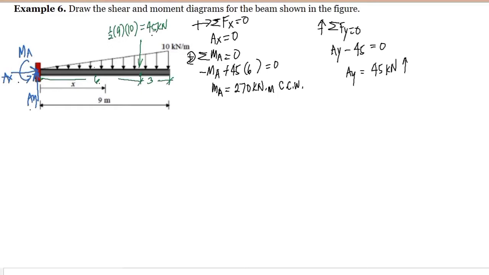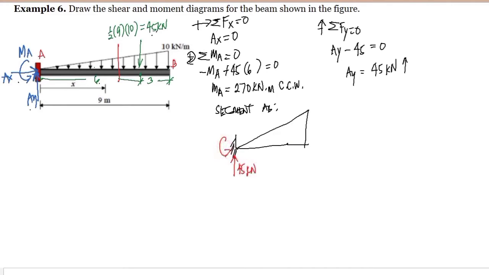So next thing that we are going to do is to cut the beam anywhere between this point A and B. So this section here will represent the segment AB. So for the segment AB, we have here the support, and of course we have the AY here equal to 45 kilonewton, and we have the moment at A, which is equal to 270 kilonewton meter.